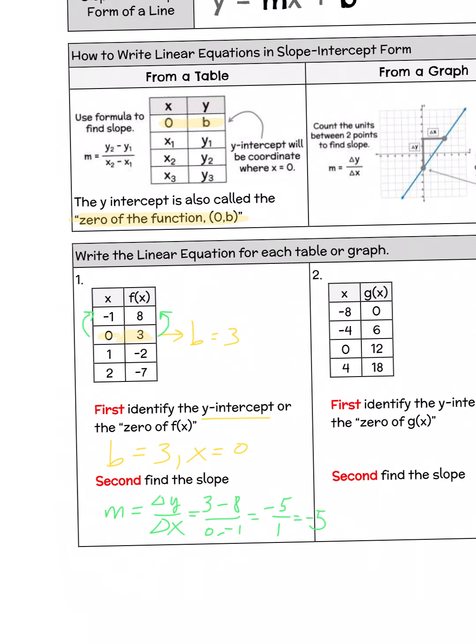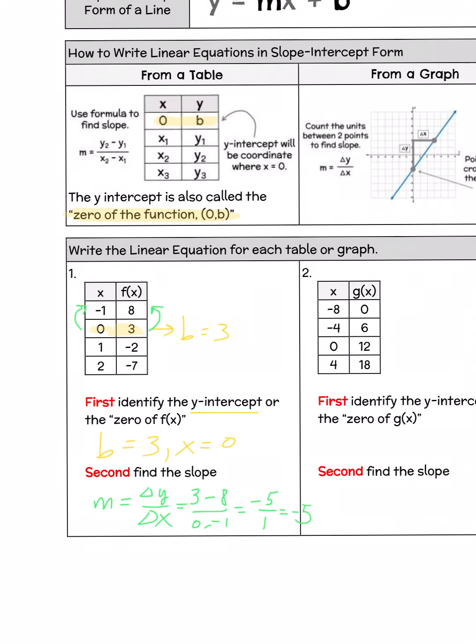Now that I'm done with that, I need to piece it together. The equation, as you saw earlier, was y equals mx plus b. I color coded so you understand what is your m and what is your b. My m is in green, so I look for the green negative 5.